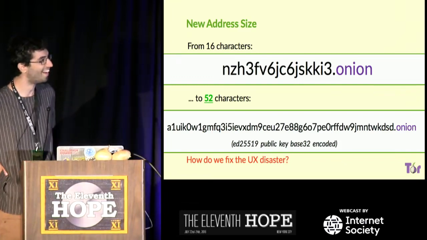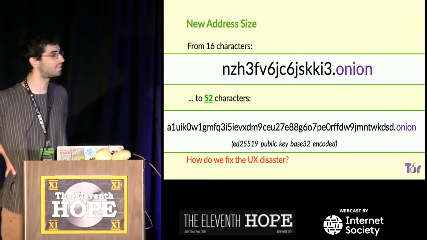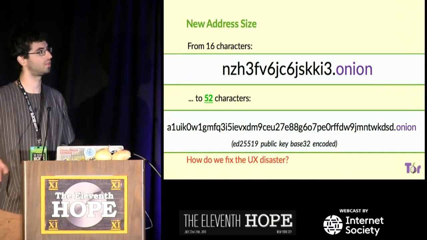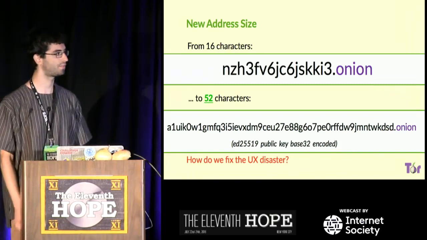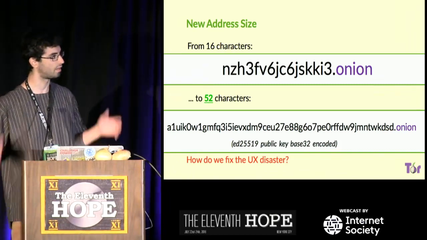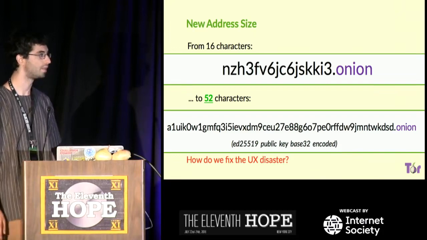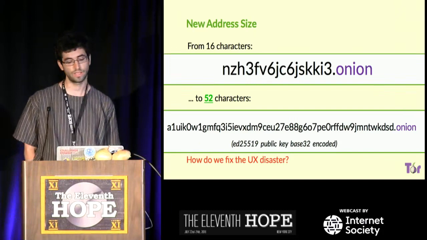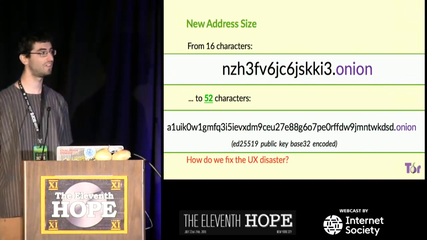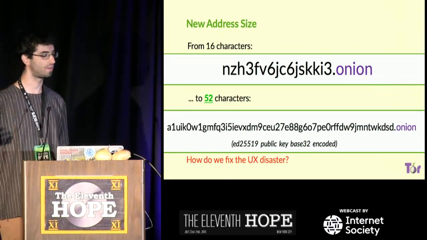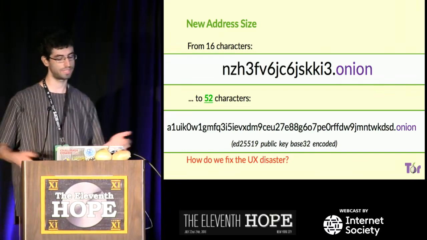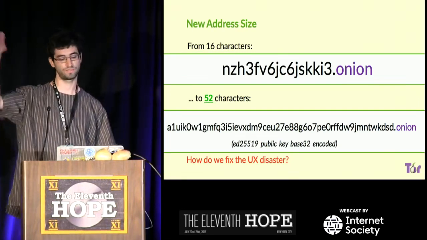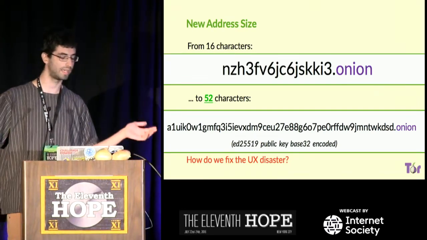The usability kind of breaks down, because it's not like you can memorize 16 characters, but 52 characters starts to become quite lengthy. And we will need to address this UX disaster in some way, potentially by building some sort of pet name address book system in TBB, or we have some ways where we can bring 52 characters down to like 48, 46.